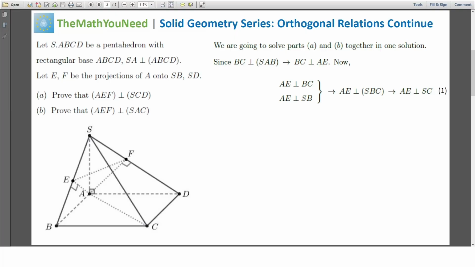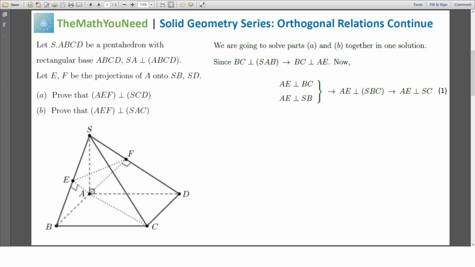And therefore, AE is perpendicular to plane SBC. And from here, we can deduce that AE is perpendicular to SC. And we call this result number 1.